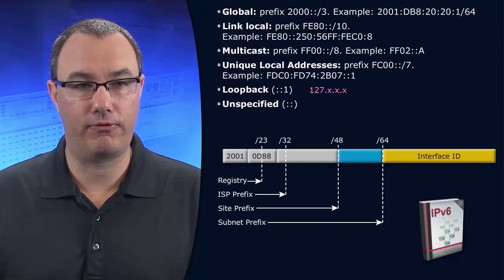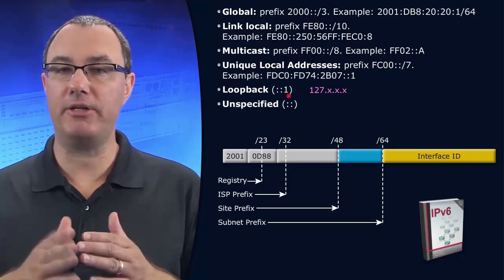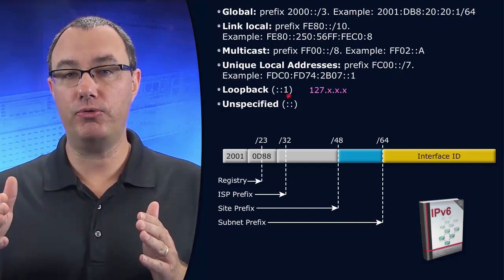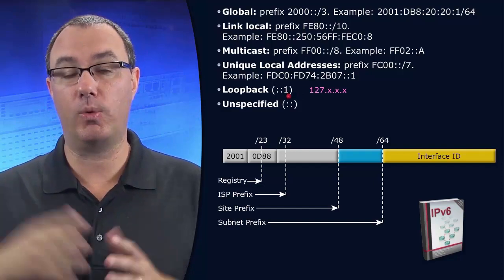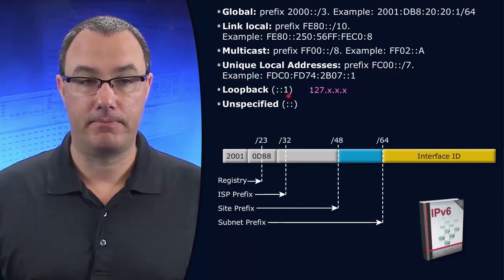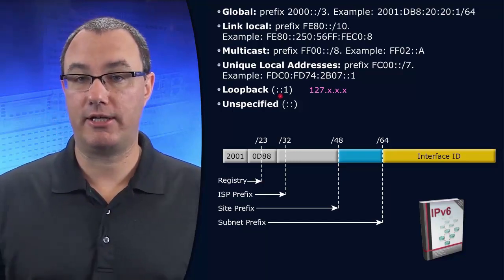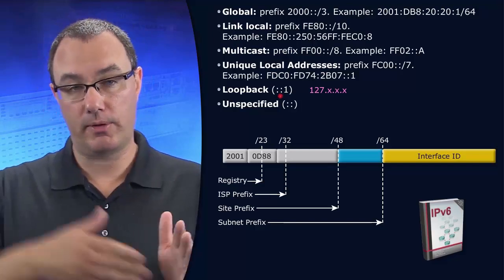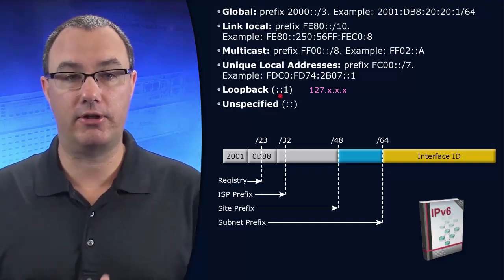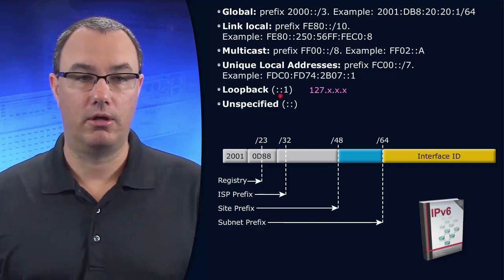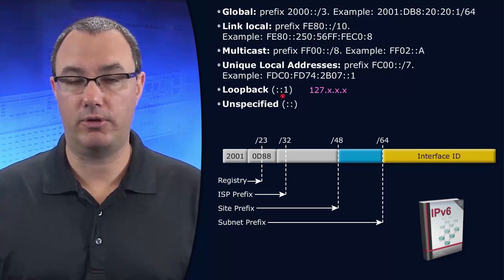Now this one looks a little funky, doesn't it? That basically says 31 zeros and a 1. Remember, 2 colons is the shortening technique. We can only use it once, and it represents a long space of contiguous zeros. Variable space. So we just have a 1.